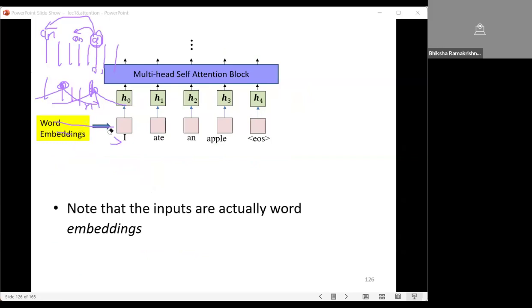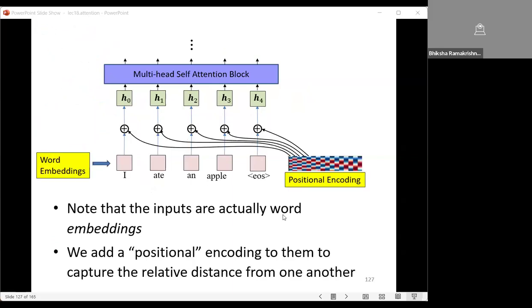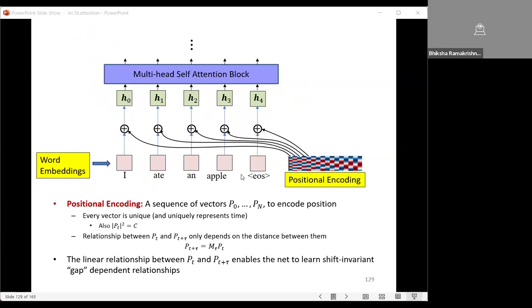Note that what we are looking at are actually word embeddings, right? And so what we will do is generate something called a positional encoding. And the positional encoding has some properties. It's noise.